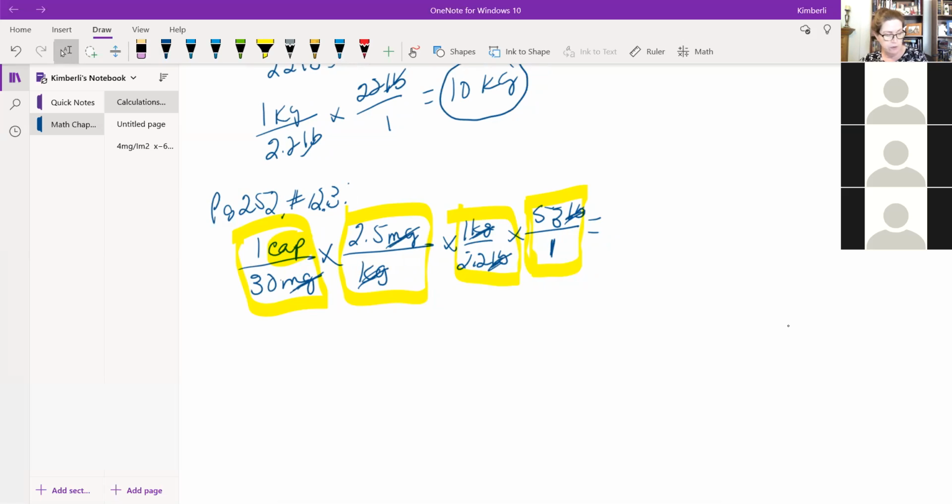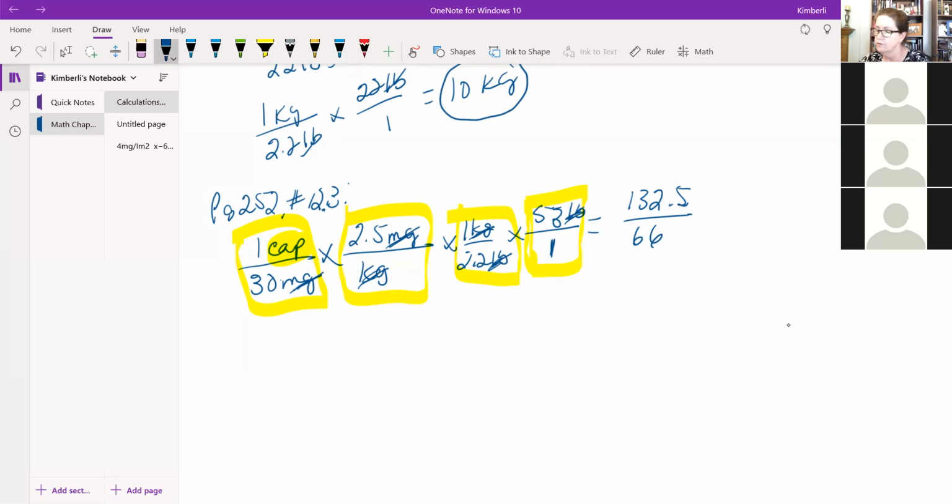Okay, so now when we multiply the top, we get 2.5 times 1 times 53. I have a calculator here. And I get 132.5 on top. And on the bottom, I get 30 times 2.2, which gives me 66.